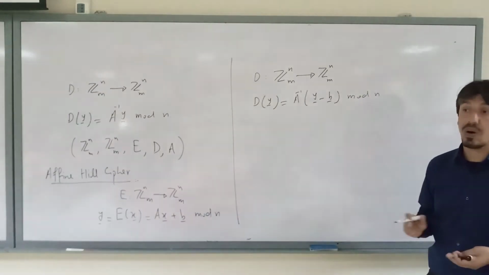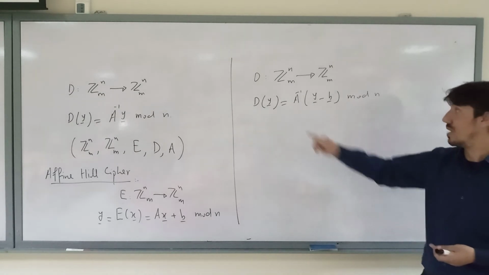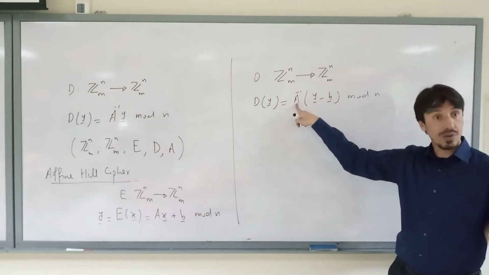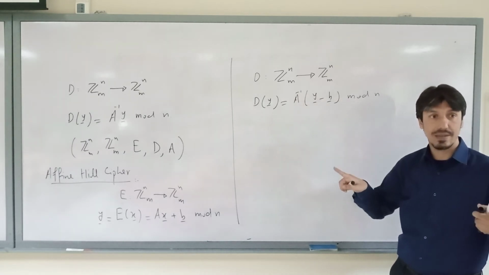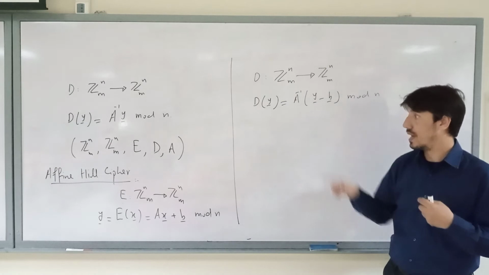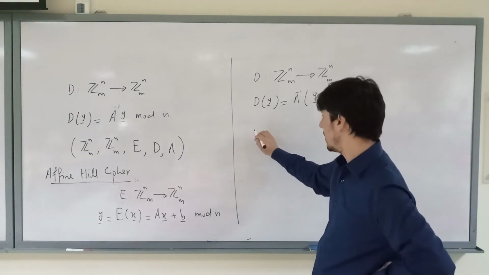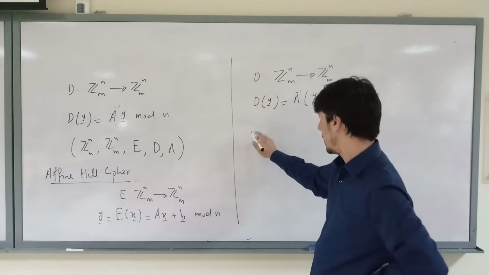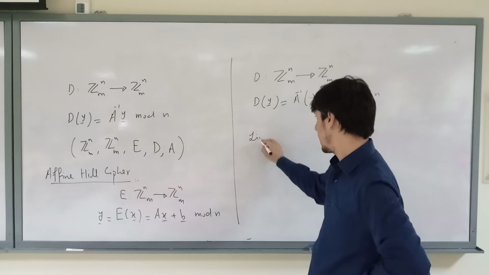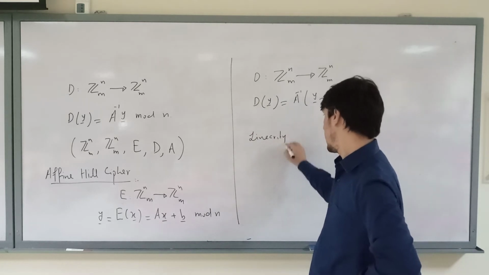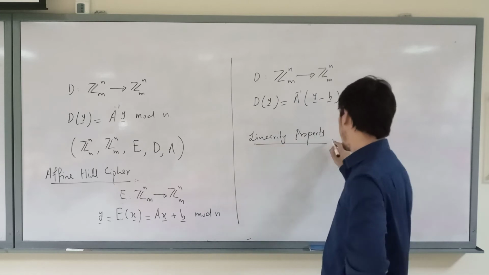If you recall the simplest affine cipher, there was just the inverse of an element, but here there is an inverse of a matrix. One more thing you can see in the Hill cipher is linearity.